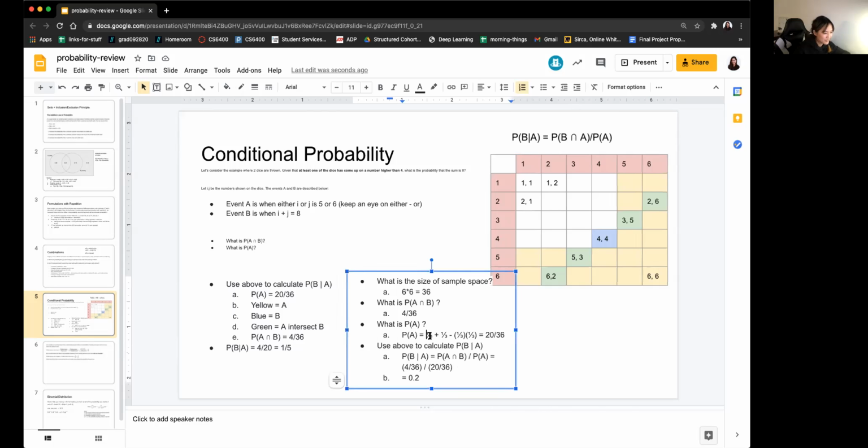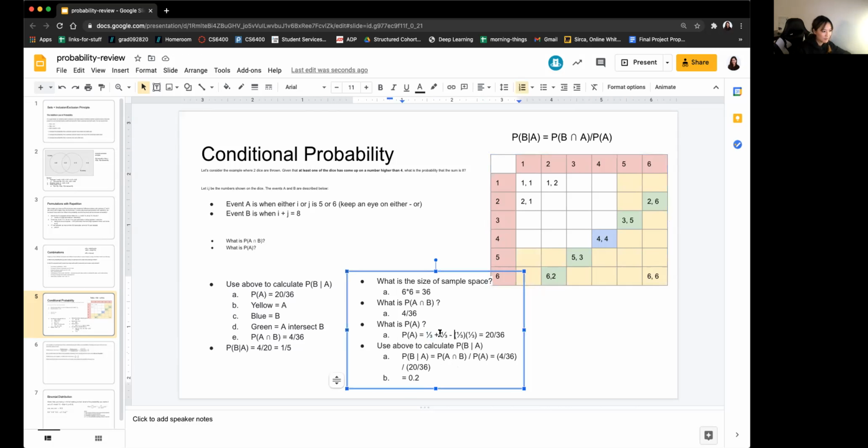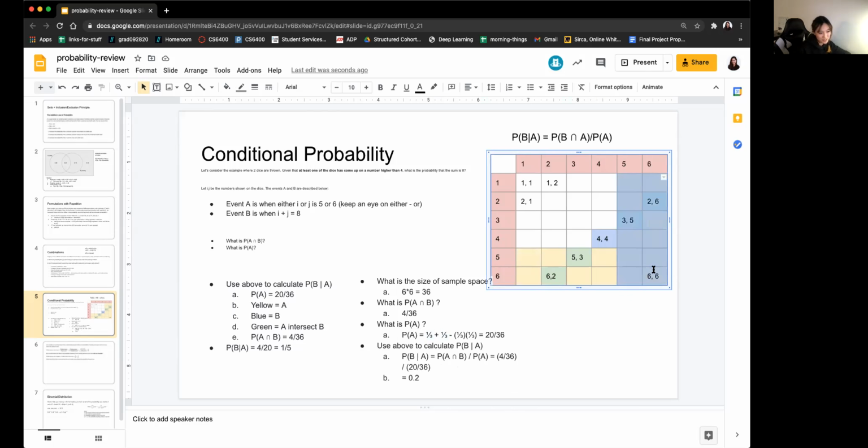So what this equation is made up of is 1/3 is the probability of your first dice being a 5 or 6. This second 1/3 is your second dice being a 5 or a 6, and then you have to minus this overlap, and that's how you get 20 out of 36. But the rest of this problem works out the same way as we did before. So this will be here just for you all to have.